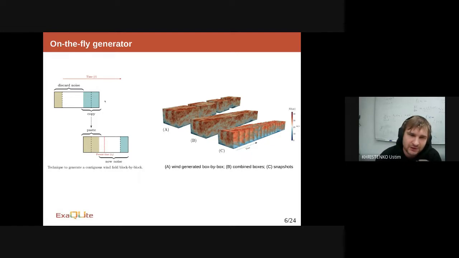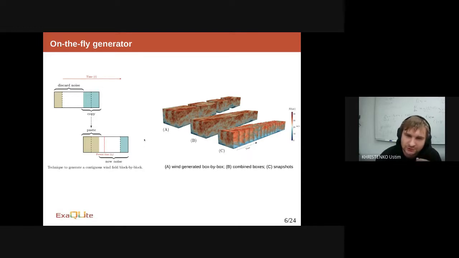That means that we consider the first block, we take the white noise, we correlate it like this, and we generate the velocity field in this block. Then we copy the buffer part and paste it for the next block, and then we can use new noise to continue generating the field in the next block, and so on.